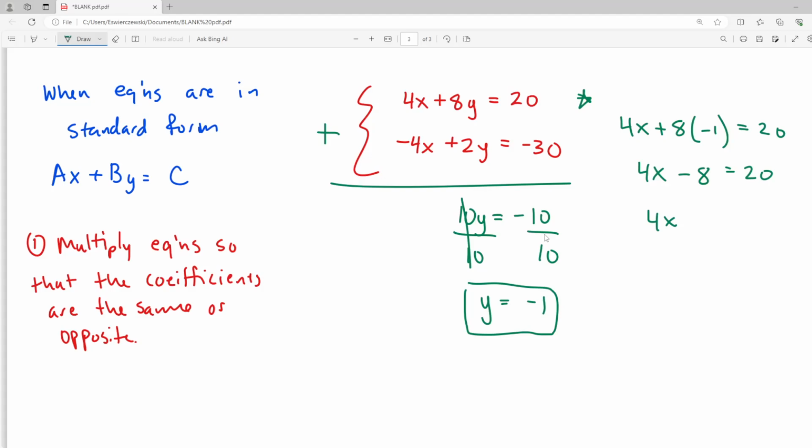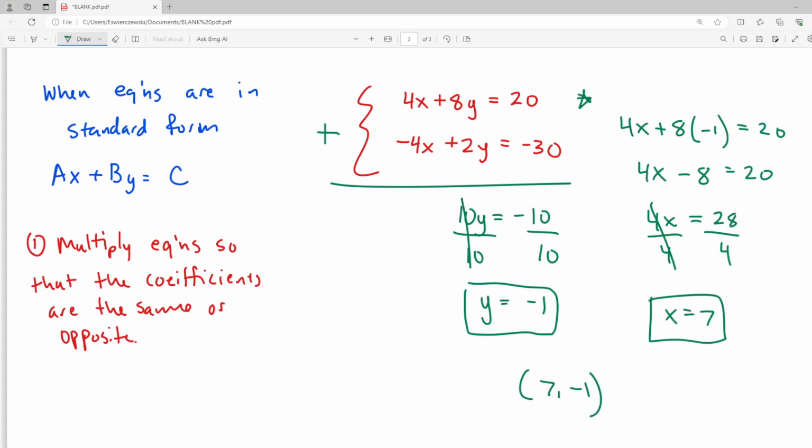Take the negative 8 to the other side, so it becomes positive. 20 plus 8 is 28. Divide by 4, x equals 7. And we are done. So our solution as an ordered pair would be 7 comma negative 1.